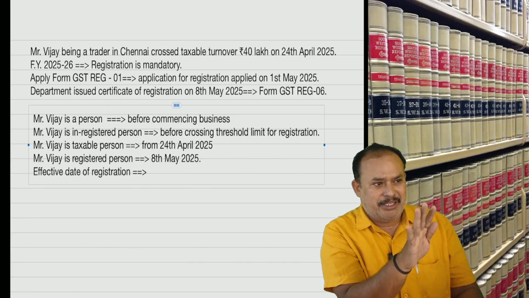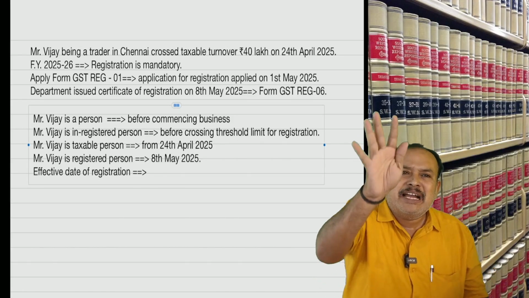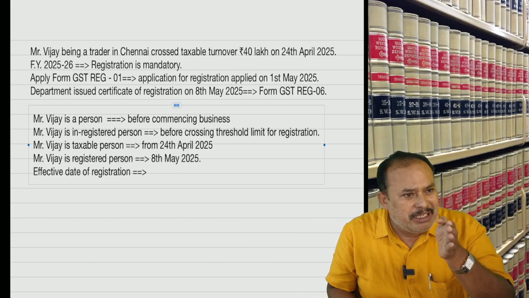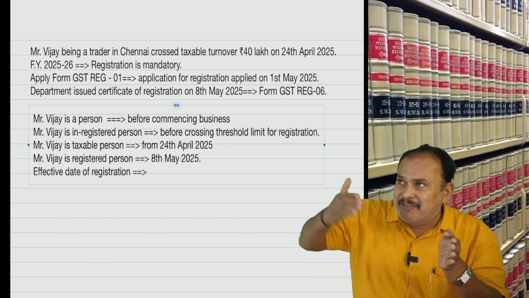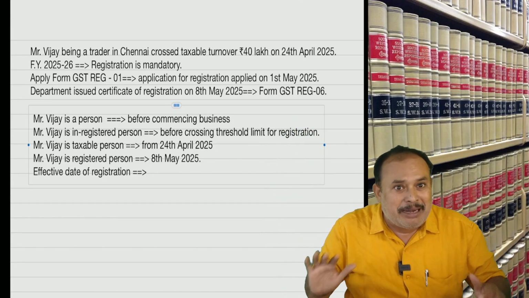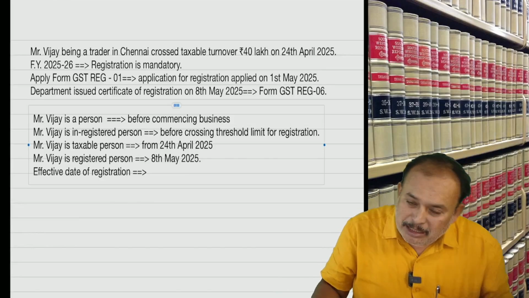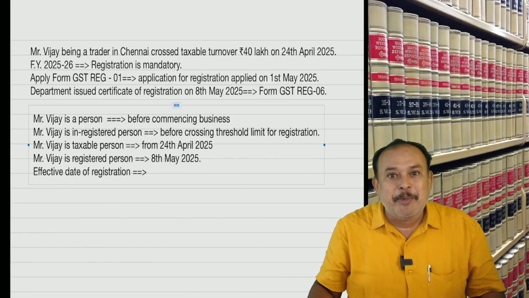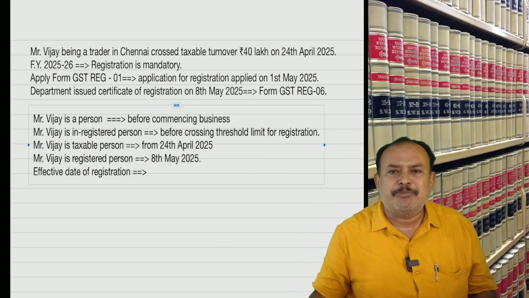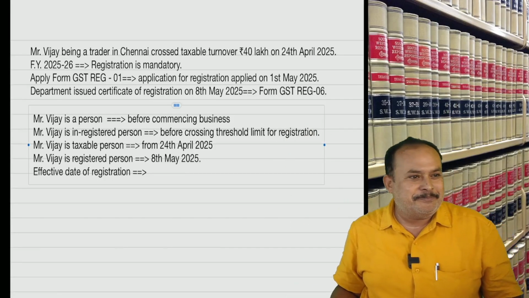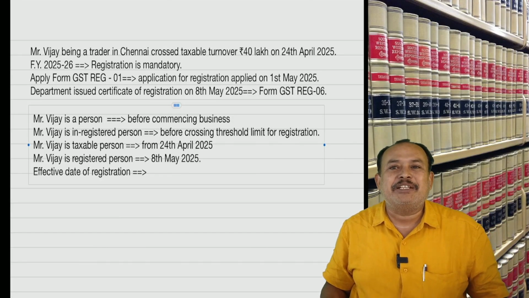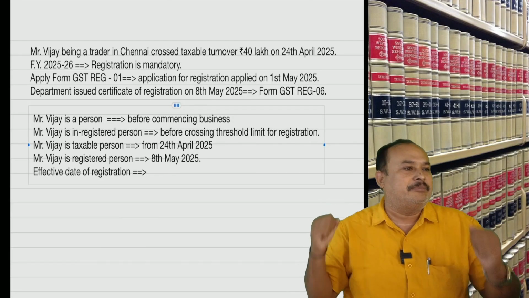If you say so, what is the fate of my supplies from 24th April to 7th of May? I have supplied the goods, sir. I am not liable to pay GST? Tell me, bro. I am liable to pay GST. Then how can you say the effective date of registration is 8th May? So incorrect. 24th April is the effective date of registration.